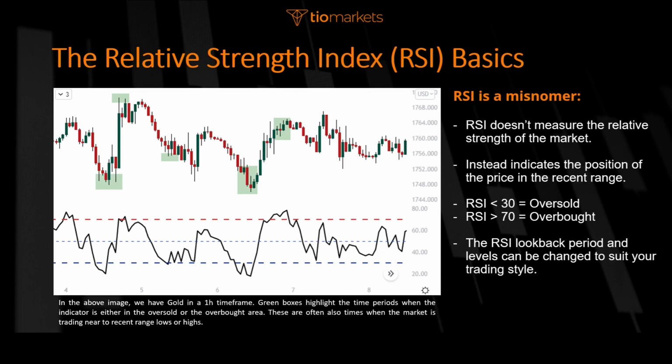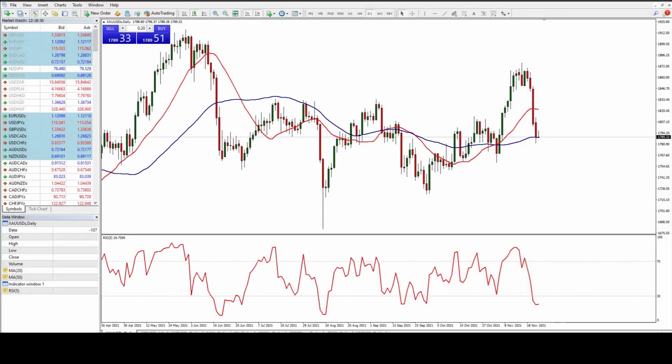Depending on the settings that you use, the RSI indicator is either very responsive or kind of sluggish and moves a lot between the blue and the red line here. Now, I'm going to show you using MT4 the settings and how they impact the RSI.